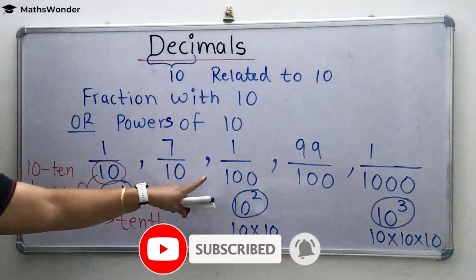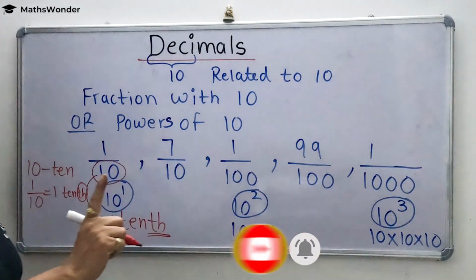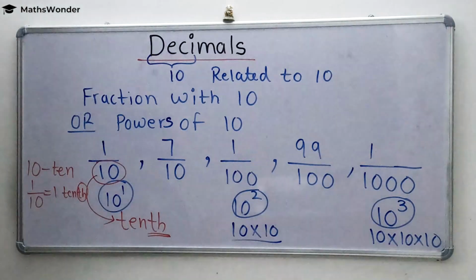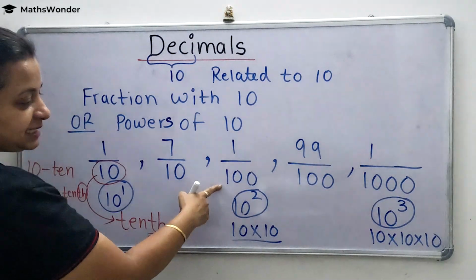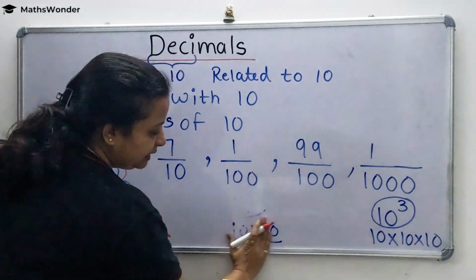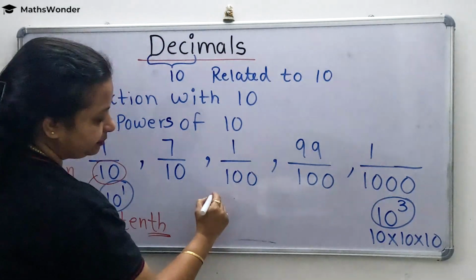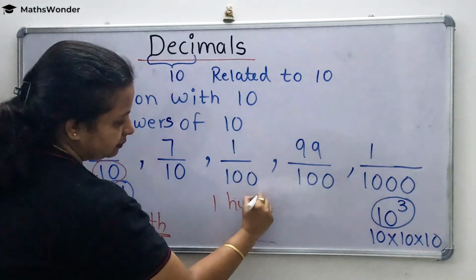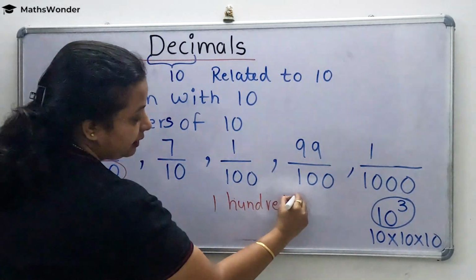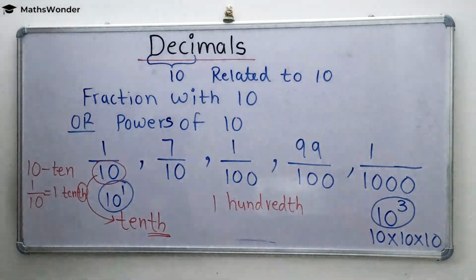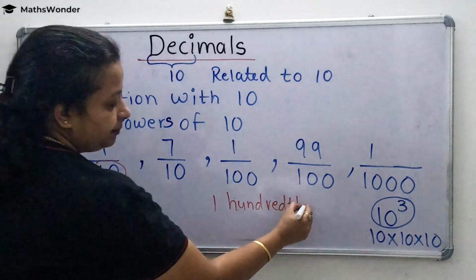So 100, the normal spelling is HUNDRED. But when 100 is in the denominator, how will you write it? Hundredth. Always put TH with the 100.